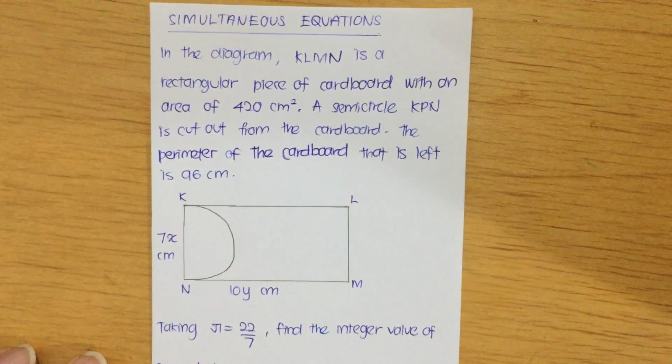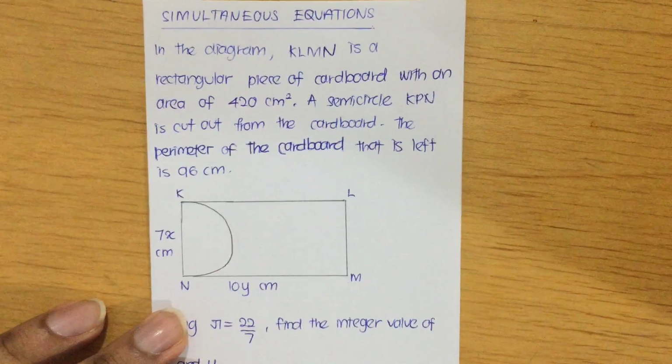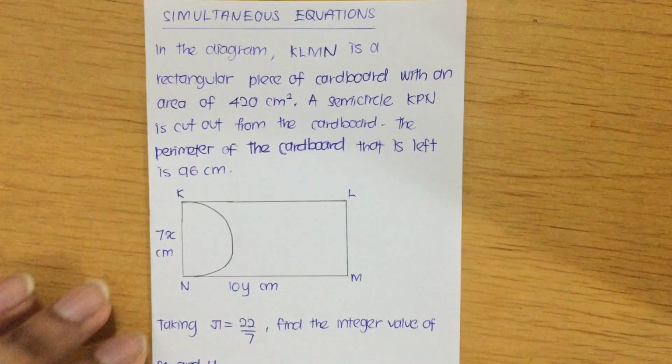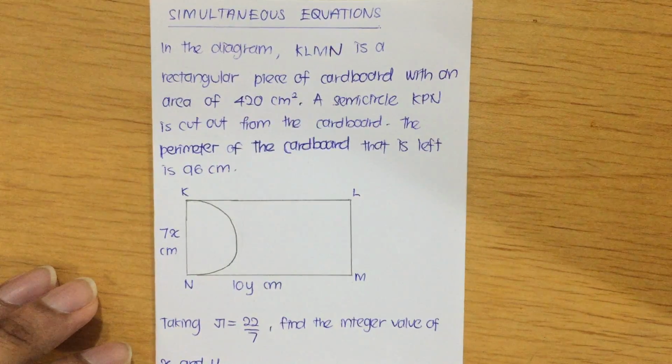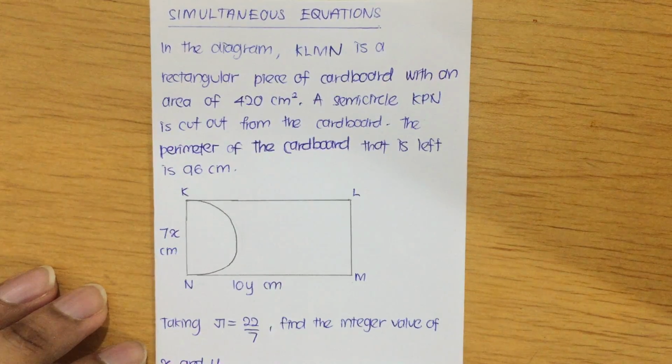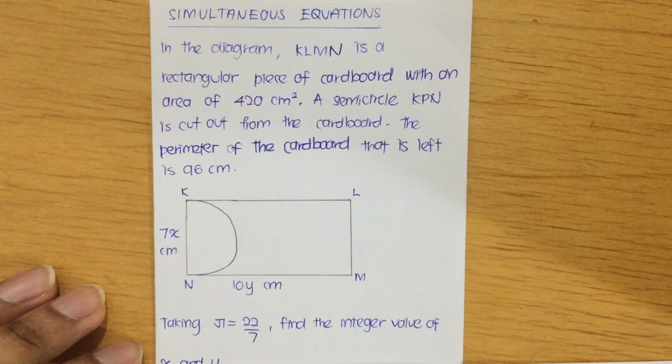Okay, in this question, I'm going to discuss one real life application regarding simultaneous equation. Let's read the question together. In the diagram, KLMN is a rectangular piece of cardboard with an area of 420 cm². A semicircle KPN is cut out from the cardboard.